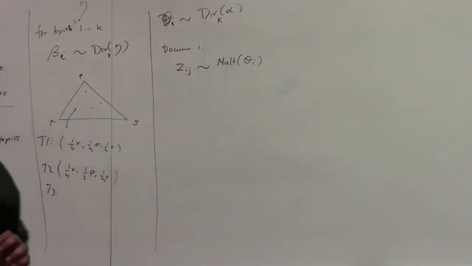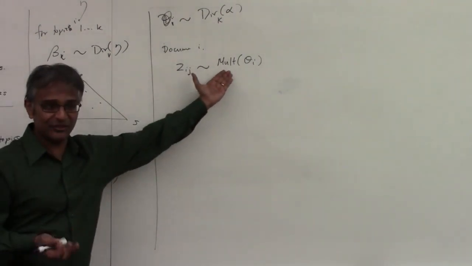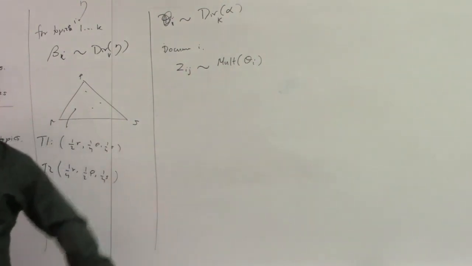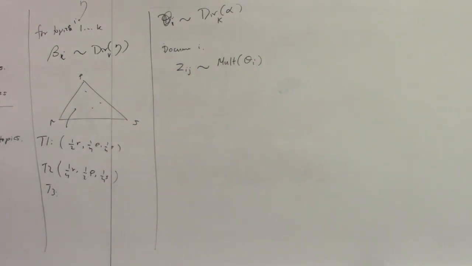Correct? Okay. Now I have to generate a word. Well, I know what the fraction of topics is. So now think about clustering. I first pick which topic my word should come from. That, by definition, is what I do. These are generation parameters from the multinomial. And now I have to do something next. Does the first time make sense?